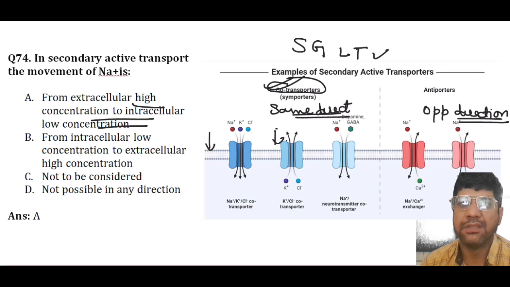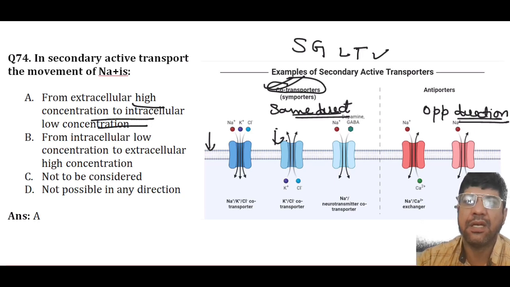Once inside the cell, the glucose can be transported across the basolateral membrane into the bloodstream via facilitated diffusion through the glucose transporter. So the answer is A.